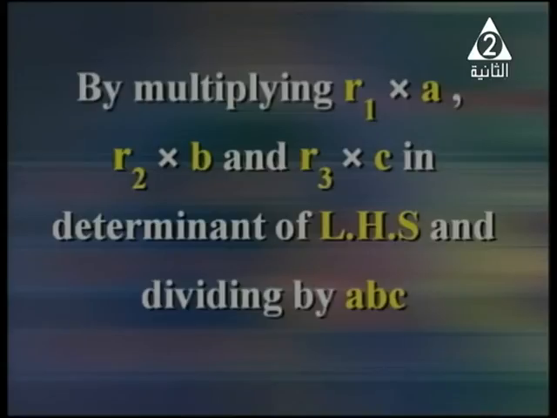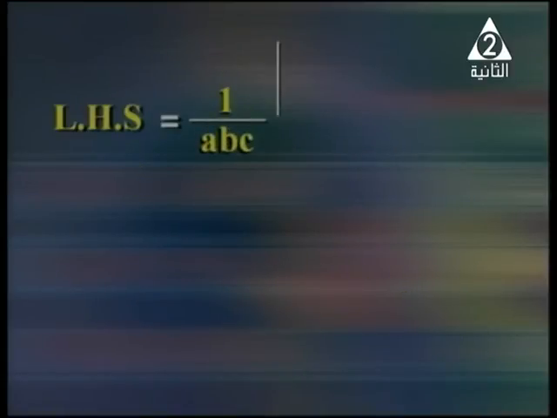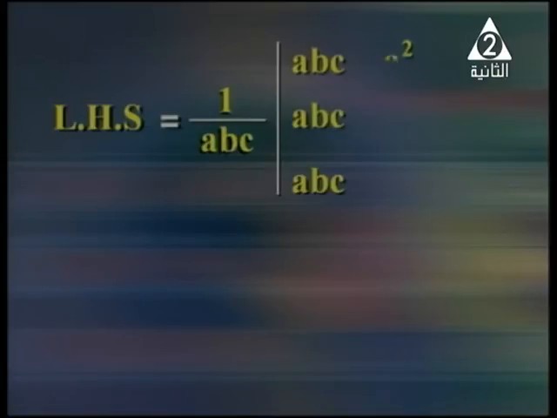Remember, we multiply the first row by A, second row by B, third row by C, after that divide by A, B, and C. Left hand side becomes 1 over ABC multiplied by the new determinant: ABC, A squared, A power 3 in the first row; ABC, B squared, B power 3 in the second row; ABC, C squared, C power 3 in the third row.